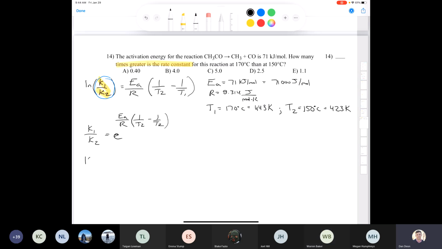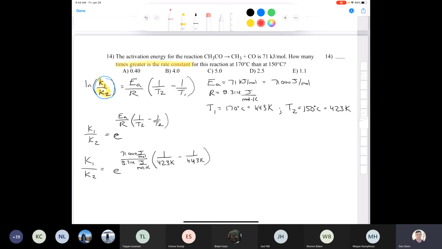So again, I get that K1 over K2, which is going to be my answer, is equal to e to the power of 71,000 joules per mole divided by 8.314 joules per mole Kelvin times 1 over 423 Kelvin subtract 1 over 443 Kelvin.